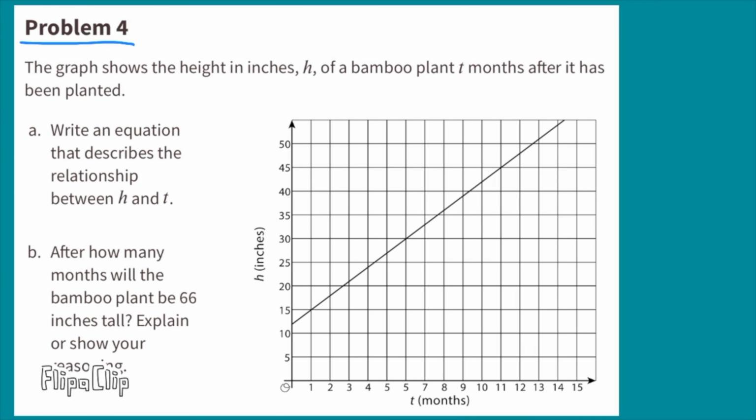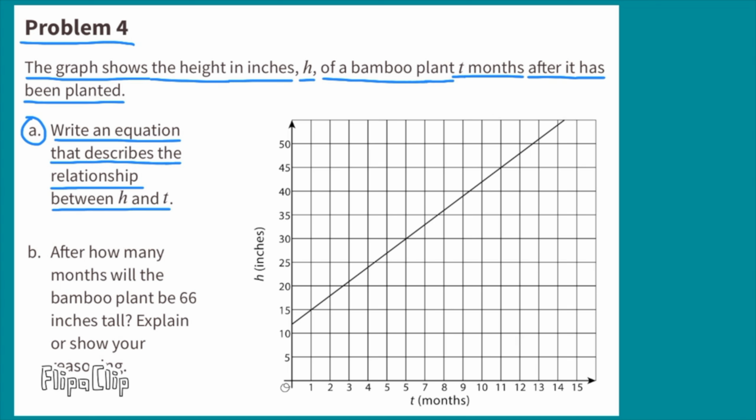Problem number 4. The graph shows the height in inches, h, of a bamboo plant t months after it has been planted. A. Write an equation that describes the relationship between h and t. The vertical axis h is like the y-axis, and the horizontal axis t is like the x-axis.